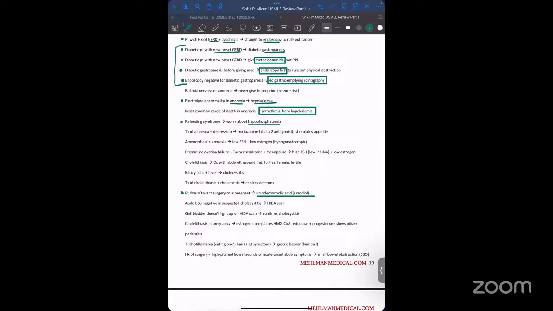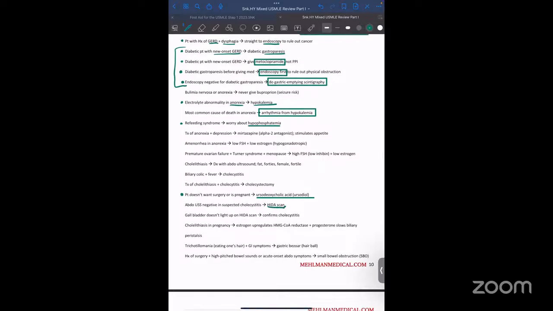Abdominal ultrasound negative in suspected cholecystitis: the only time HIDA scan is usually an answer is when ultrasound is negative, but clinical suspicion is still high for cholecystitis. Gallbladder does not light up on HIDA scan. That confirms cholecystitis. So we should remember this.